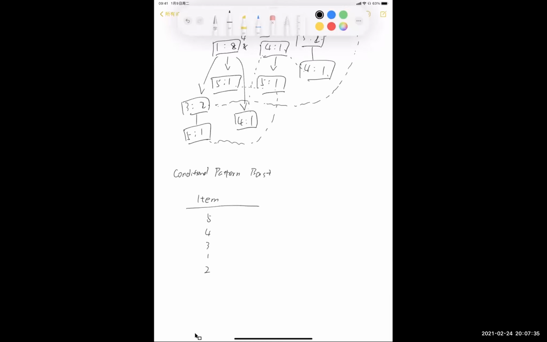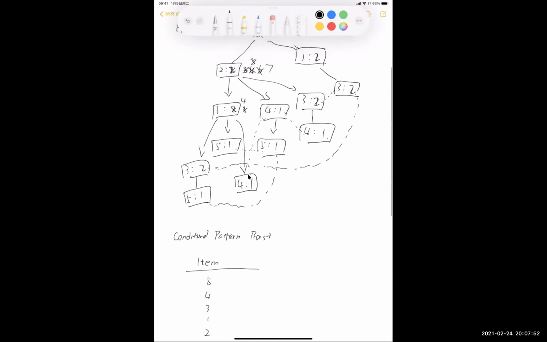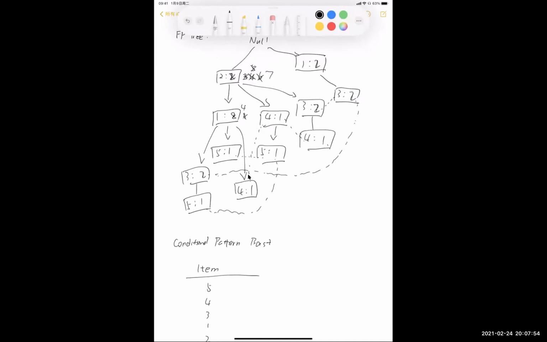Then you start to look at the conditional pattern base and frequent pattern base. So we need to refer to the FP tree. We start from 5, and I think you can just do the item 5 and everything else should be similar.